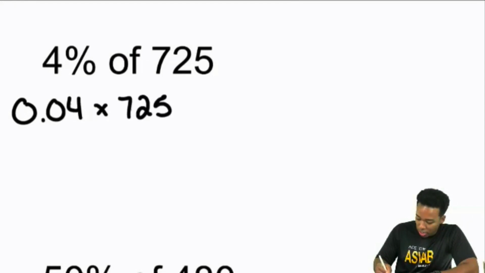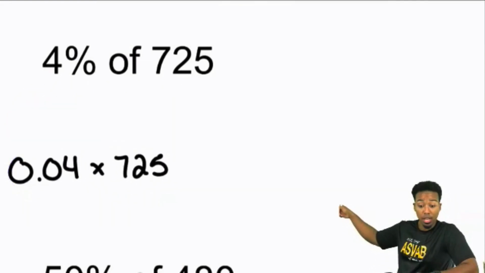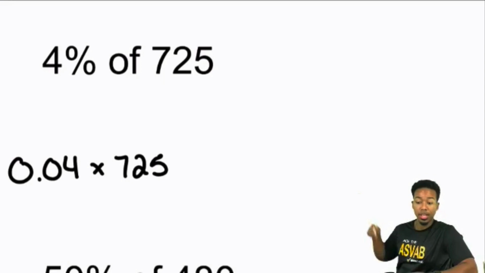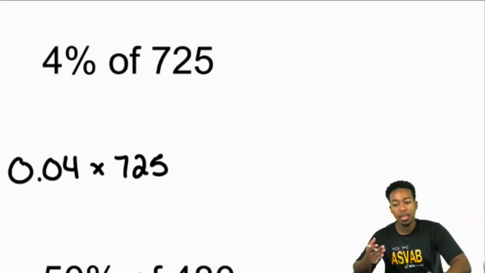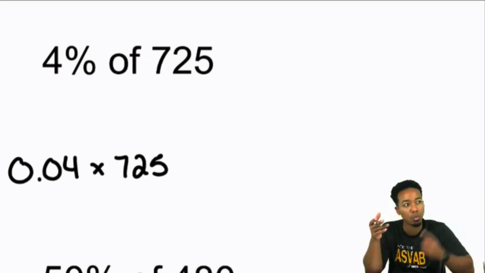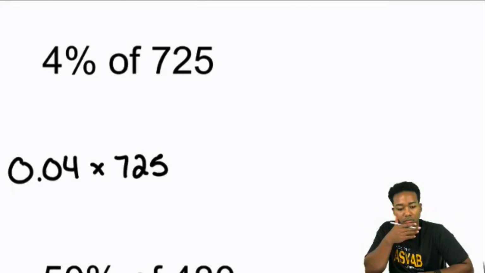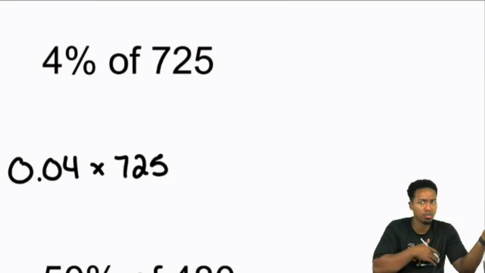But let me suggest a better way. Again, this is all about efficiency. This right here, that will work. Let me propose a different way though. Everybody, didn't we say that 4% is the same thing as finding 1%, then multiplying it by 4? Isn't that one way we can think about it? Again, 4% is 1% times 4.